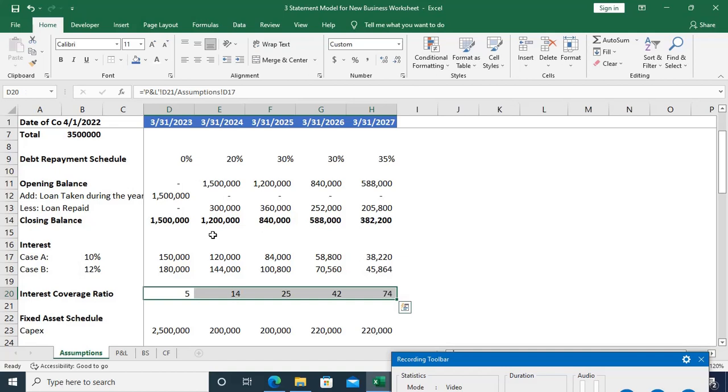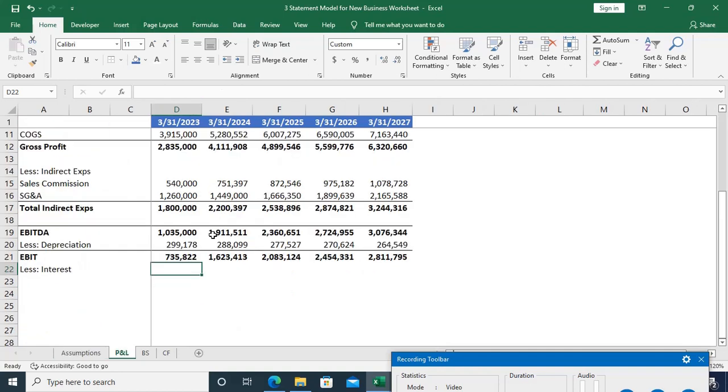Control R. So you can see interest coverage ratio means EBIT divided by interest. Here the interest coverage ratio is quite good, but in the first year the interest coverage ratio was 5, which is less than the 8.5 criteria.